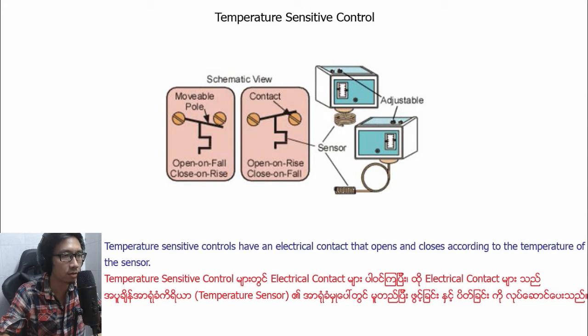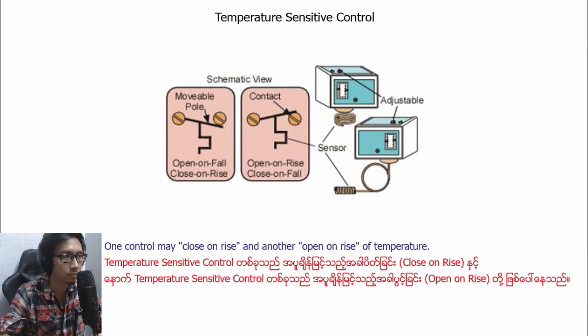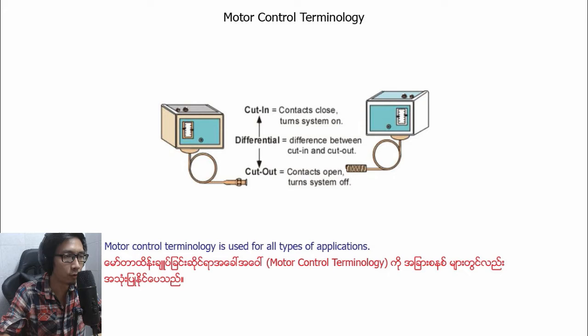Temperature sensitive controls have an electrical contact that opens and closes according to the temperature of the sensor. One control may close on rise and another open on rise of temperature. Motor control terminology is used for all types of applications.